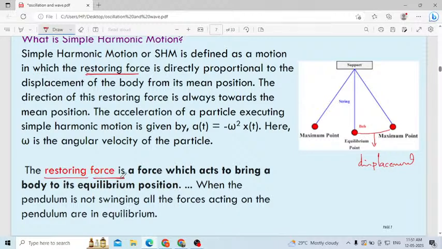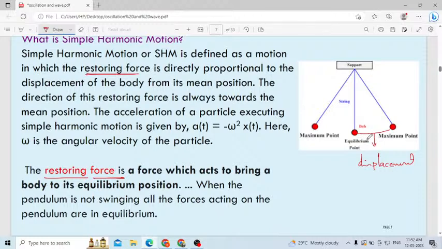Once again I will explain, listen here. This is the equilibrium position of a bob. The bob will move to the extreme point when you touch it. Then it will achieve some displacement. You can see the displacement here. Then the restoring force is nothing but the force required to bring this bob to its mean position.